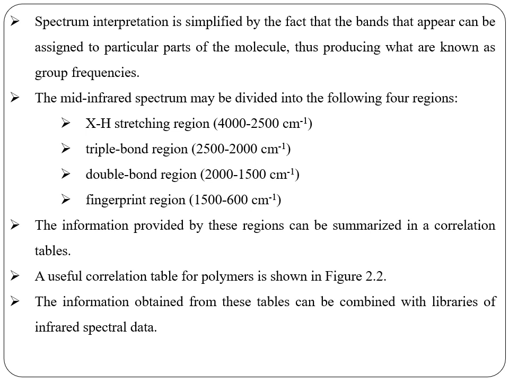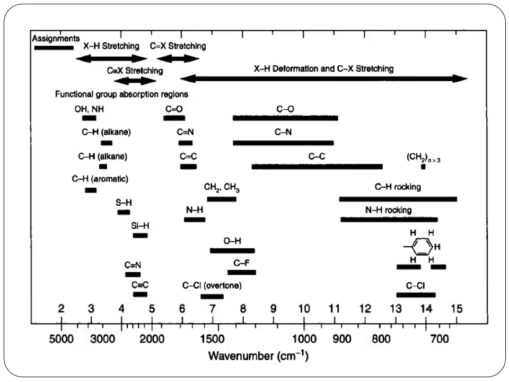The information provided by these regions can be summarized in a correlation table. This figure shows the frequencies of different functional groups present in the molecule. From this correlation table, we can assign and identify the type of functional groups present in the polymer backbone or in the polymer substituents.